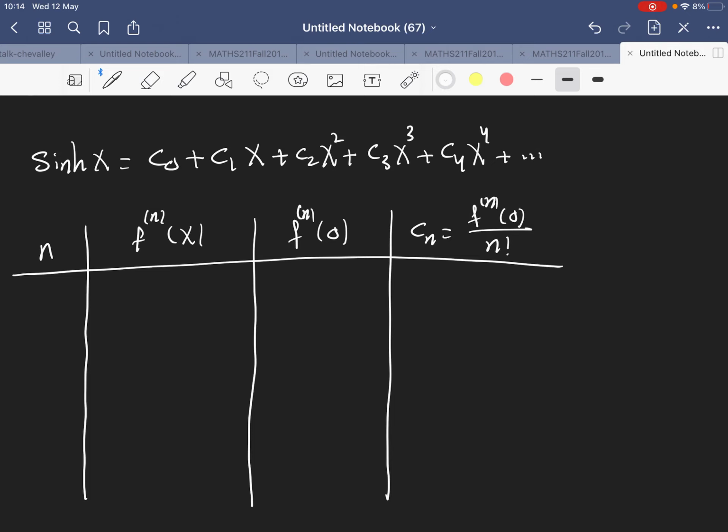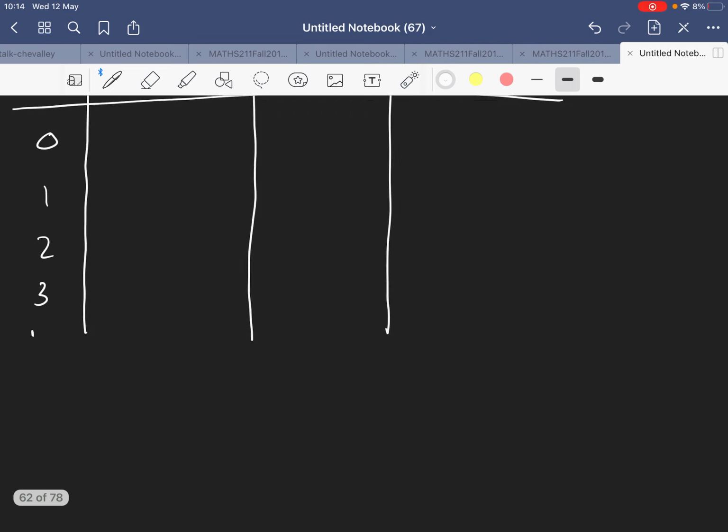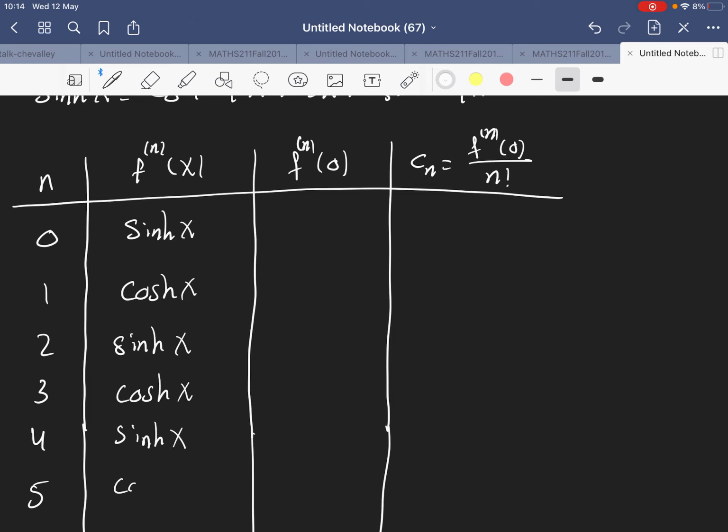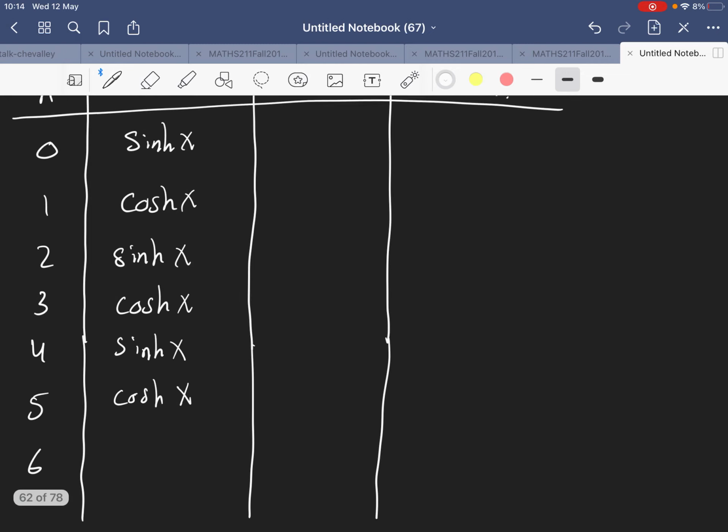Okay, let's do it here. 0, 1, 2, 3, maybe 4, 5, as long as we need to see a pattern. Now, the first one is sinh x, and then take the derivative, which is cosh x, and then sinh x, and then cosh x, and then sinh x, and then cosh x, and so on.